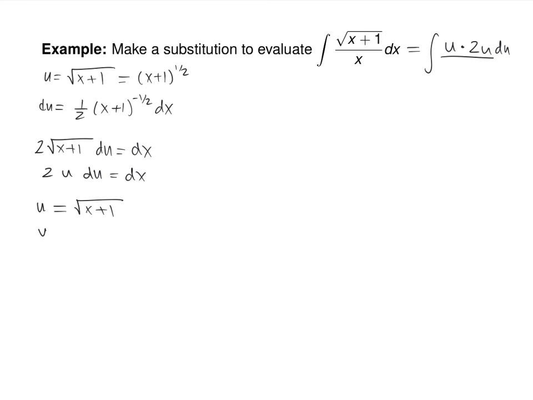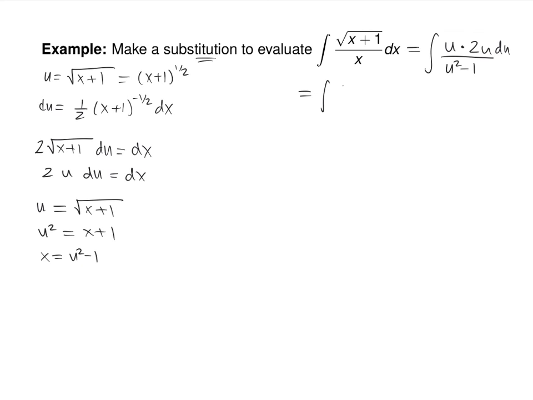Square both sides. u squared equals x plus 1. Therefore, x equals? Yep. And if there are problems like this, there's going to be a hint. Does that make sense? So that becomes u squared minus 1.